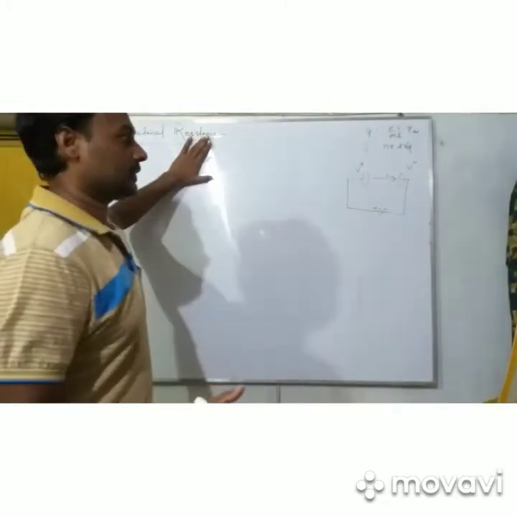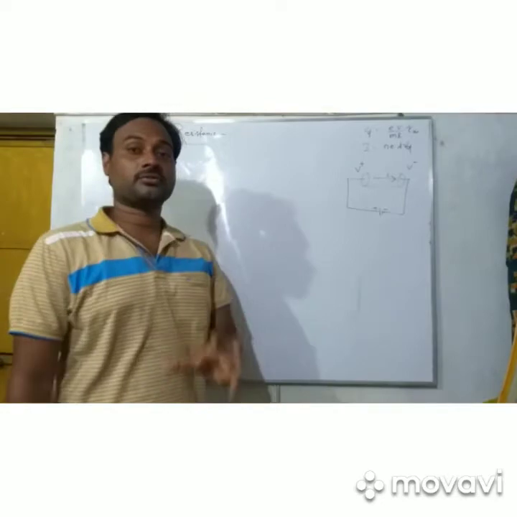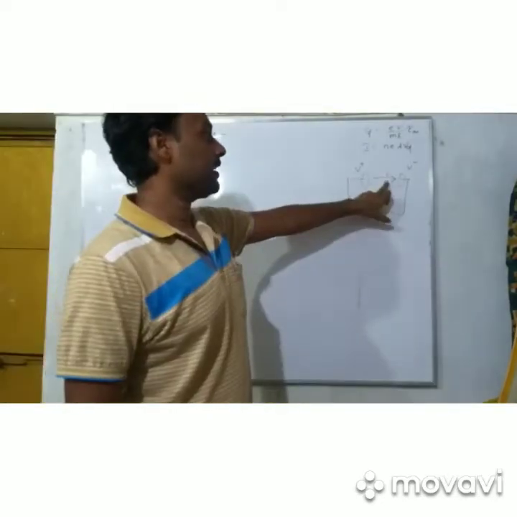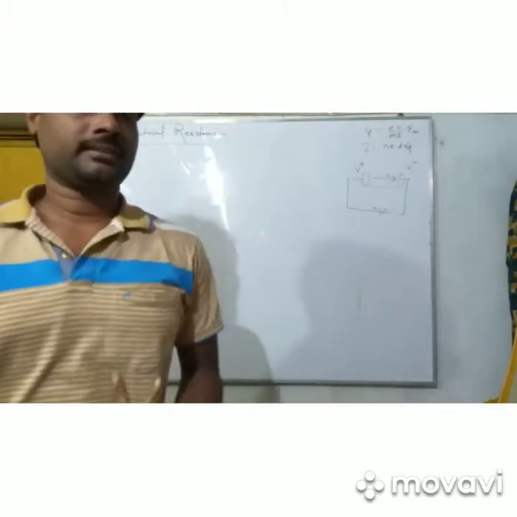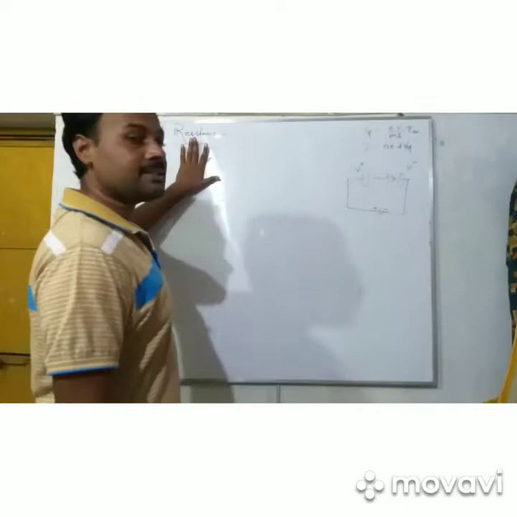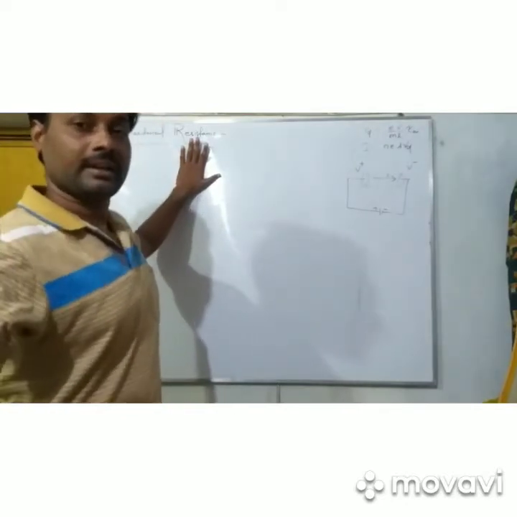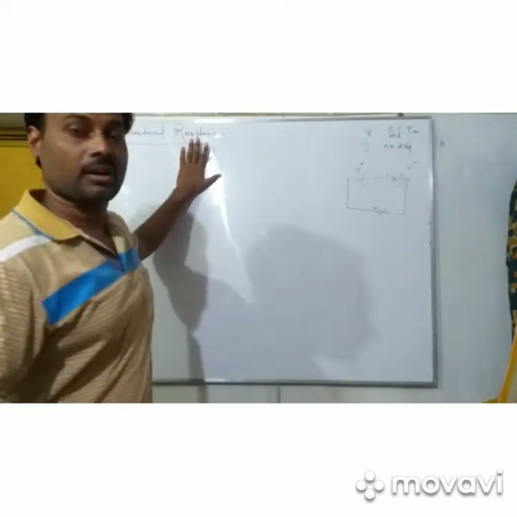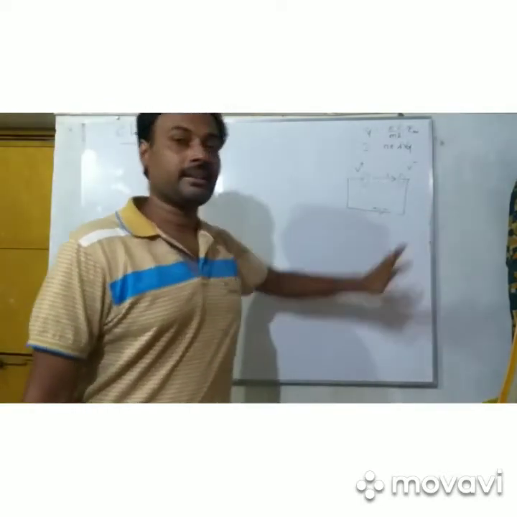So electrical resistance is the property of a material which obstructs the electric current flowing inside the conductor. Again I will repeat: electrical resistance is the property of a material which obstructs the electric current flowing inside the conductor.